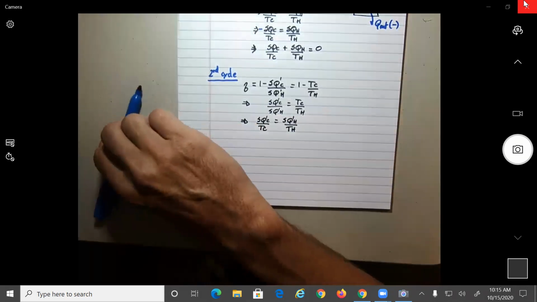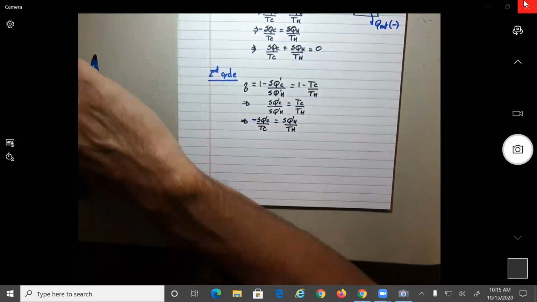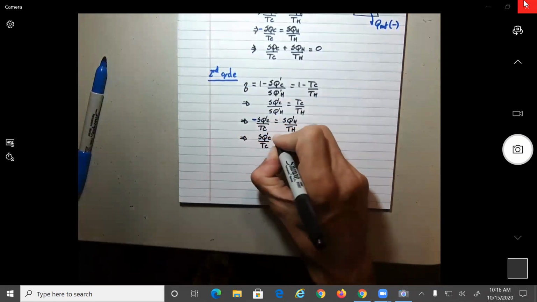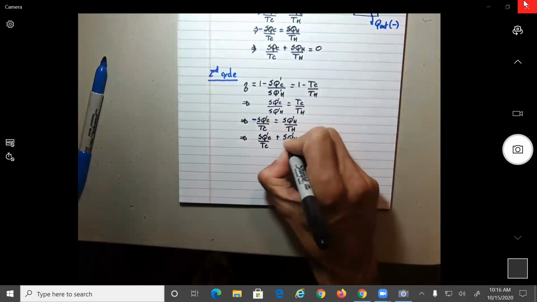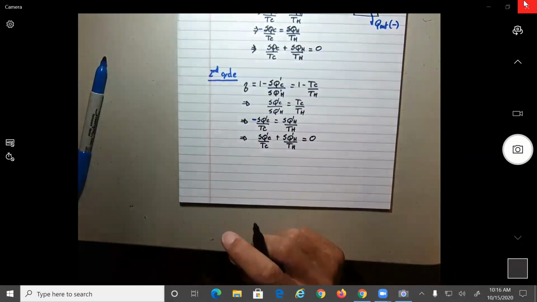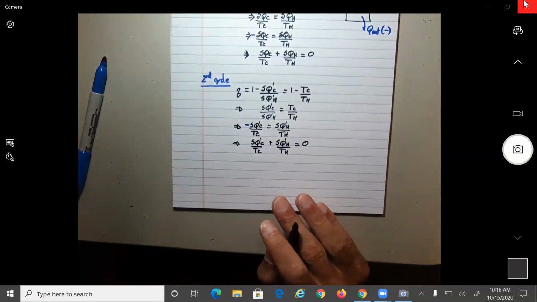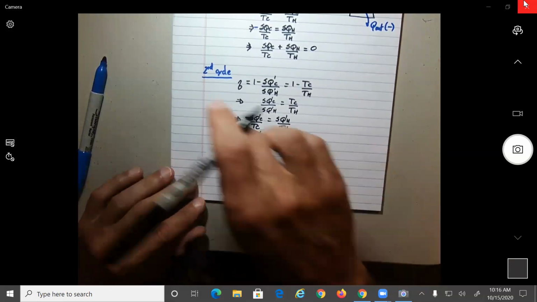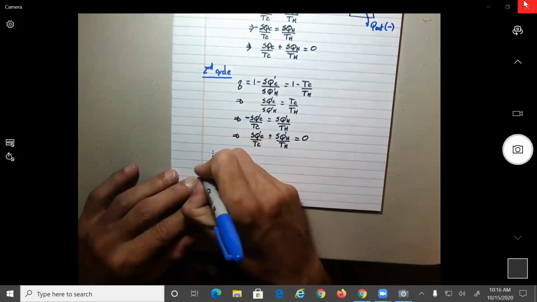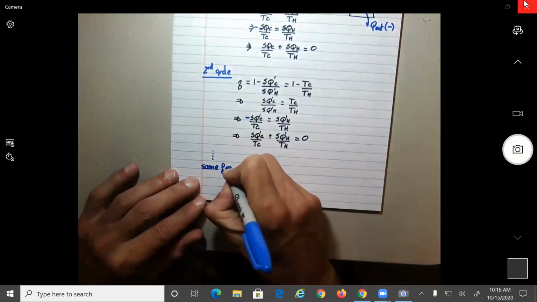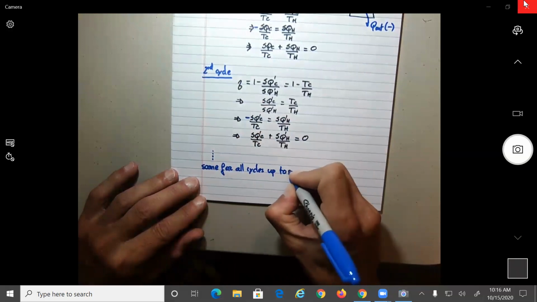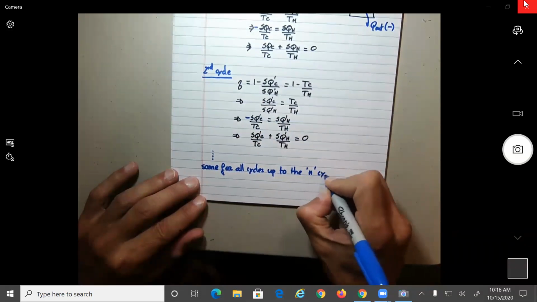Because of the sign convention, this is negative, so you end up with delta Q prime cold over T cold plus delta Q prime hot over T hot equal to 0. And you have the same for all cycles up to the n cycle.